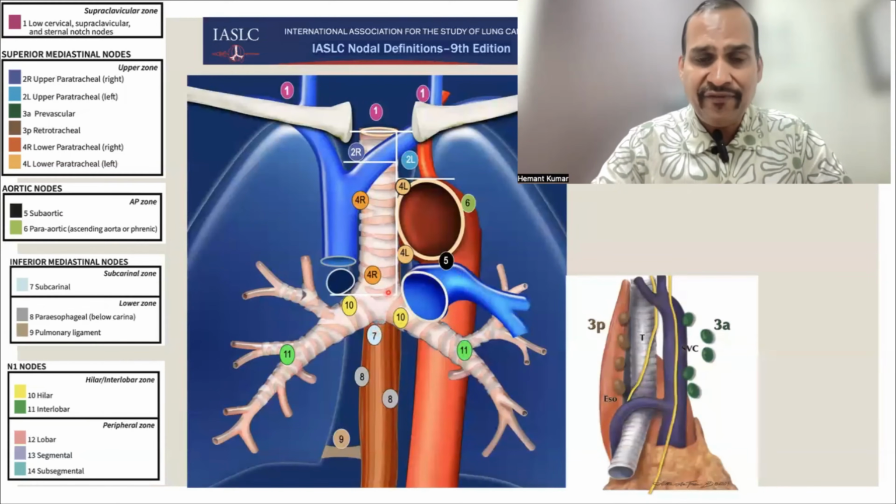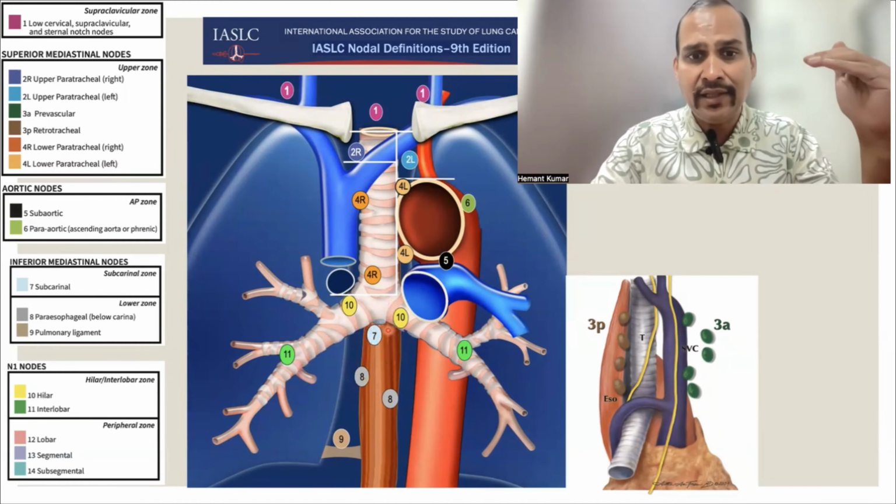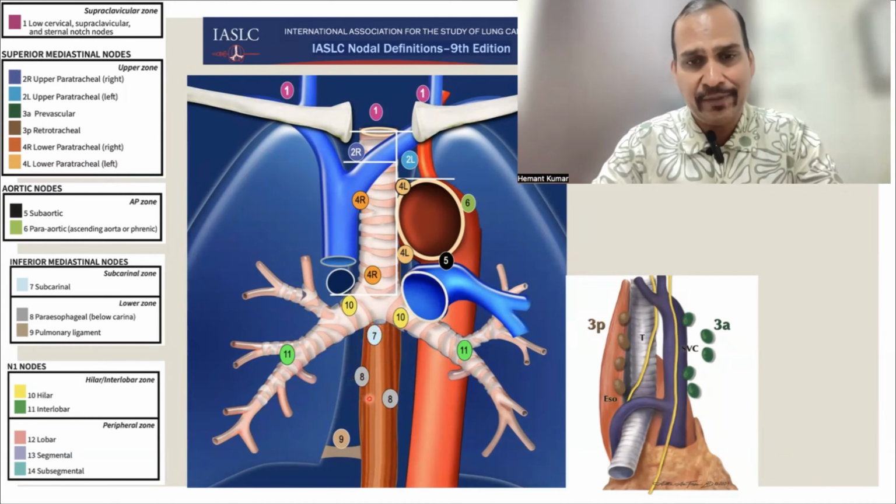Now, when trachea bifurcates, then station 7 comes. So 7 is just below carina, subcarinal. And then after that, because trachea has bifurcated and finished, there is esophagus in the posterior part.